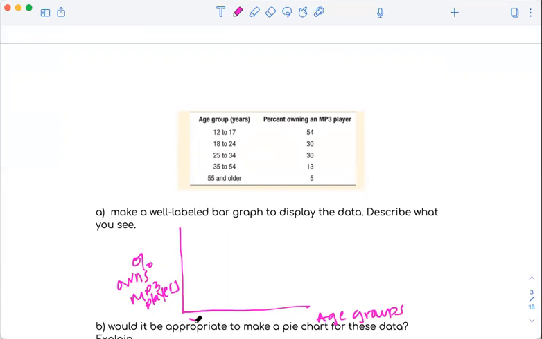Okay, so the different age groups we have are 12 to 17, 18 to 24, 25 through 34, and 35 to 54, and 55 and older.